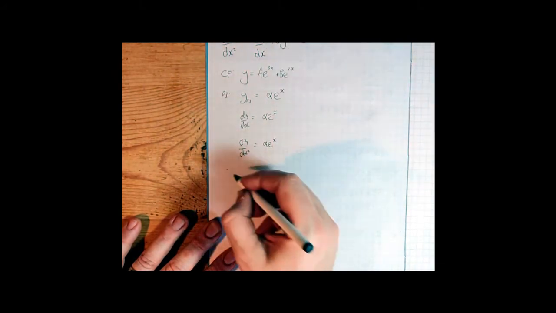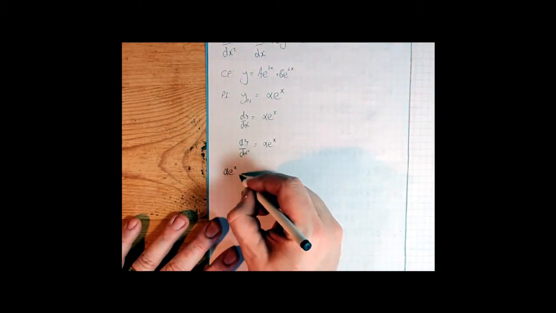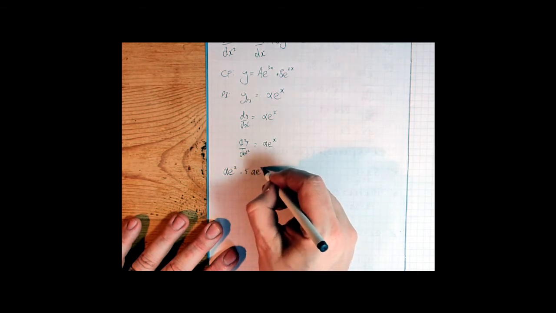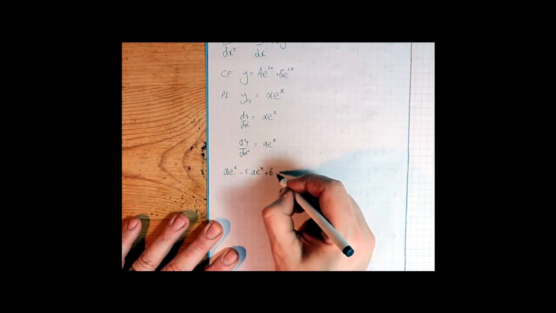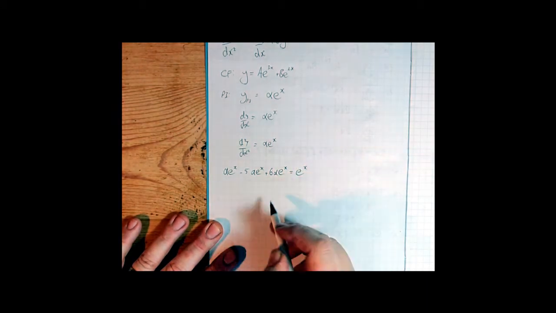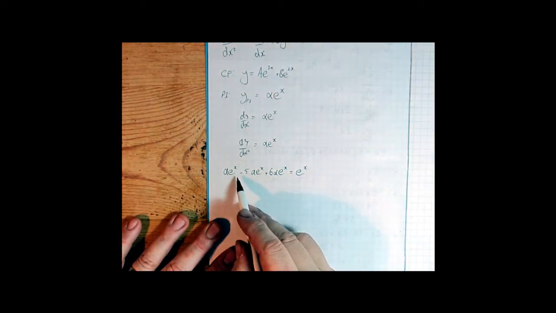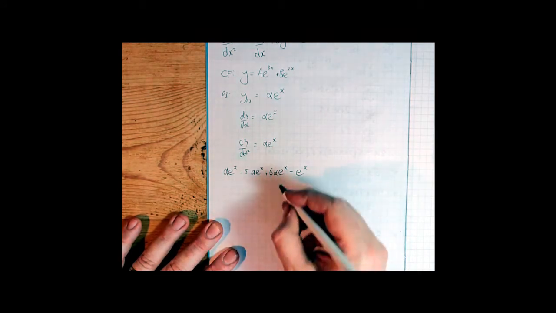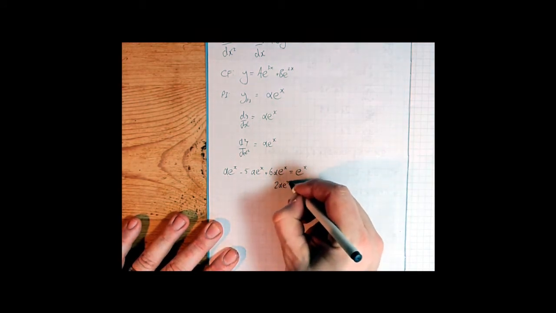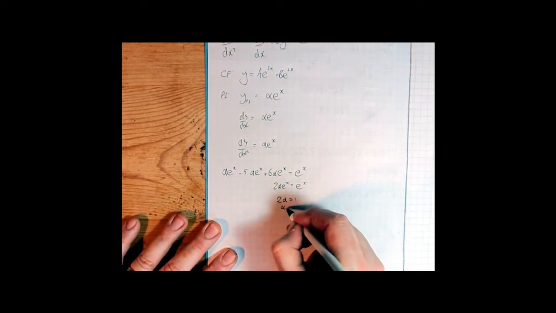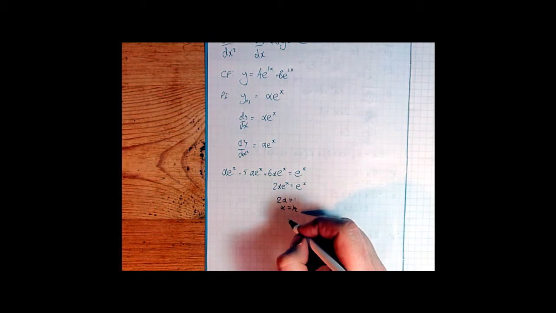Sub into the original equation, alpha e to the x minus 5 alpha e to the x plus 6 alpha e to the x. So 6 plus 1, 7 take away 5, so 2 alpha e to the x equals e to the x, which means 2 alpha is 1, alpha is a half.